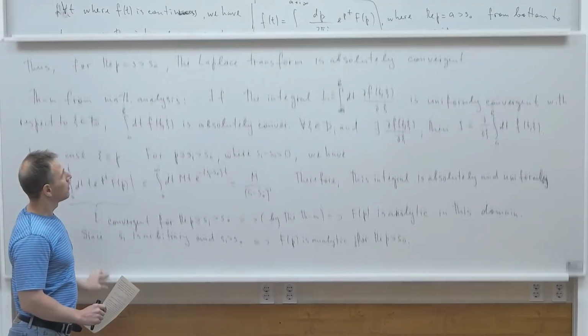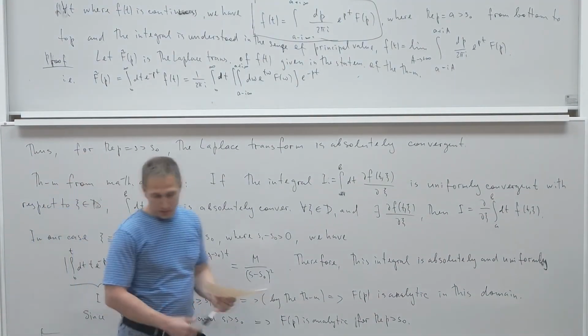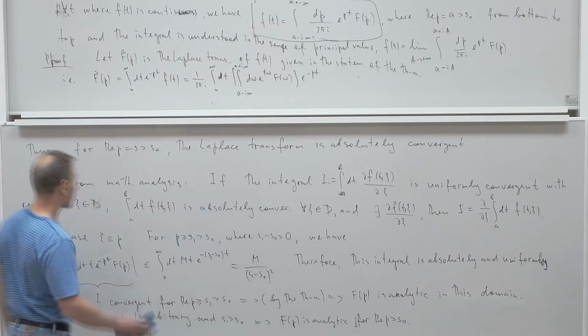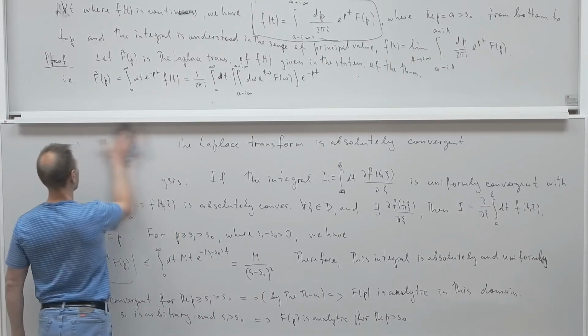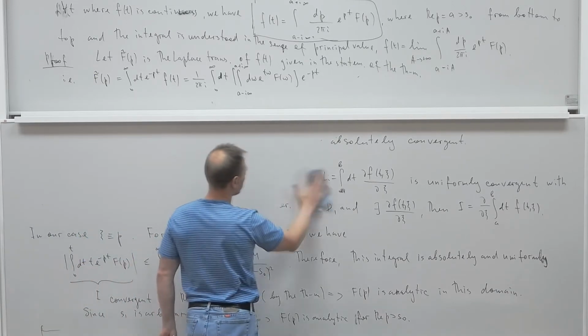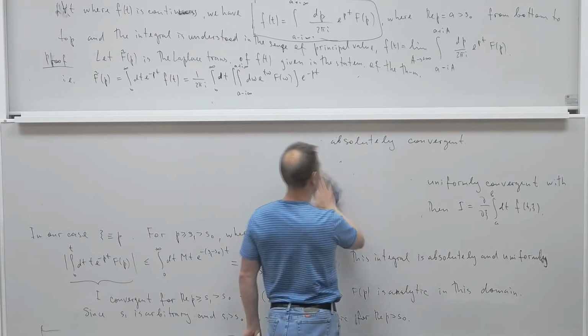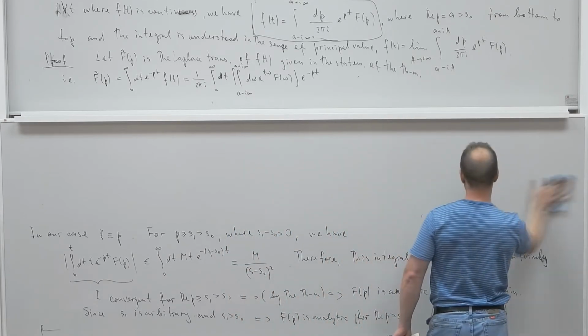Now, due to the fact that the integral is absolutely convergent, we can change the integration order with respect to the variables omega and t. And as for the integral with respect to t, it can be easily evaluated. And so we have the following formulas.